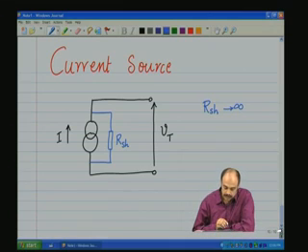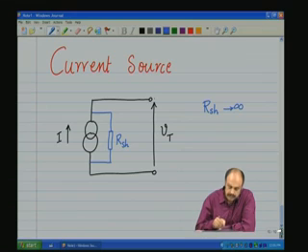So now, if we look at this circuit, though the current source I is flowing here, it is now splitting into two parts. One portion of the current will flow in here and another portion of the current flowing here.